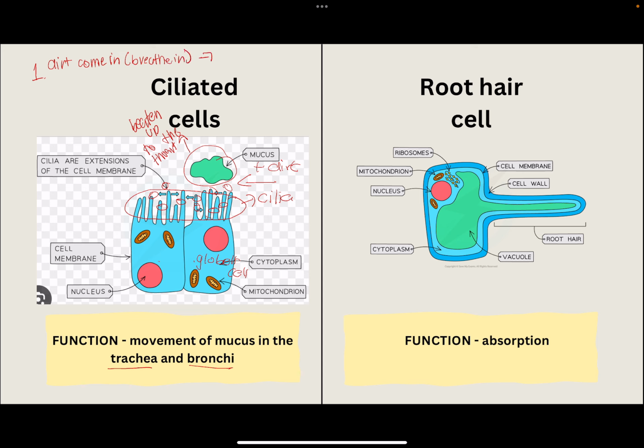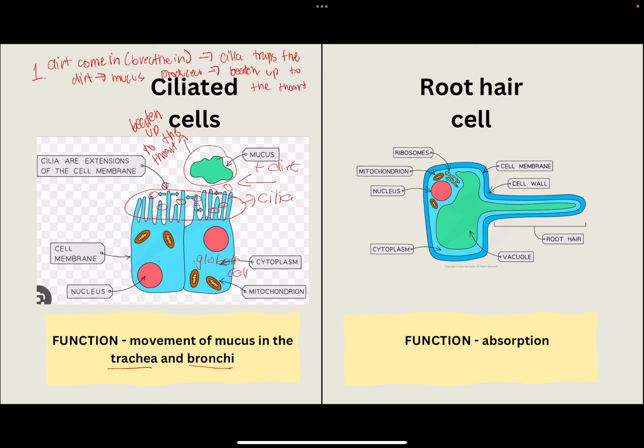The cilia traps the dirt. Then what happens? Mucus is produced. Then after that, after mucus is produced, it will be beaten up to the throat and stored there.